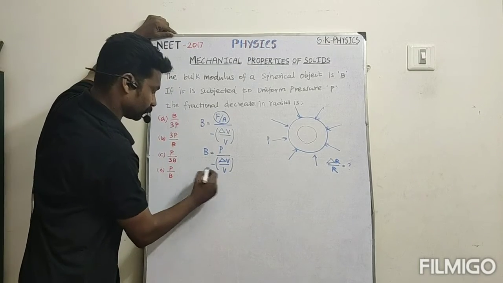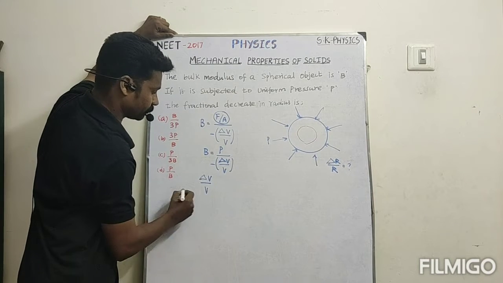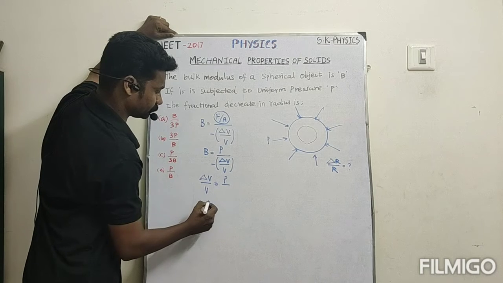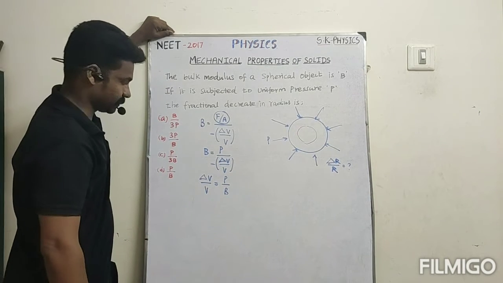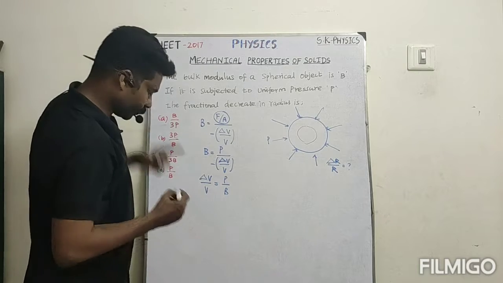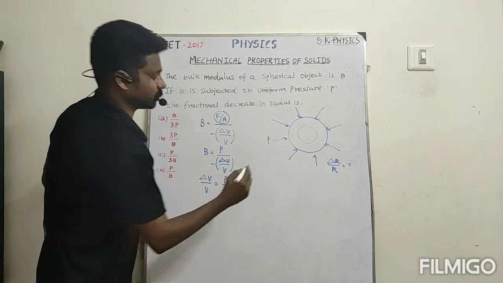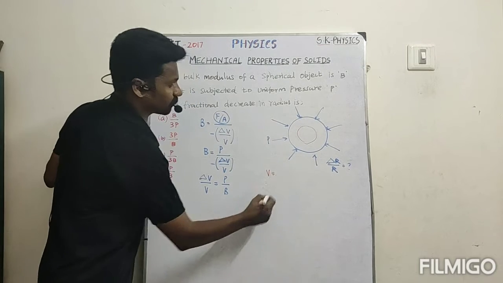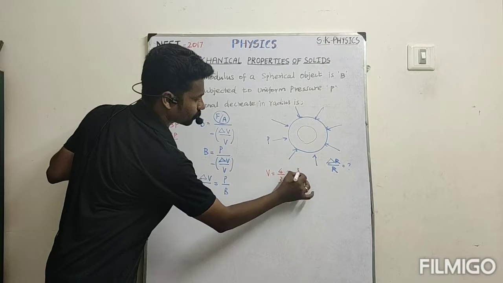Therefore we can write delta V divided by V is equal to P divided by B. We know very well from units and measurements that the volume of the sphere is V equal to 4 by 3 pi r cube.